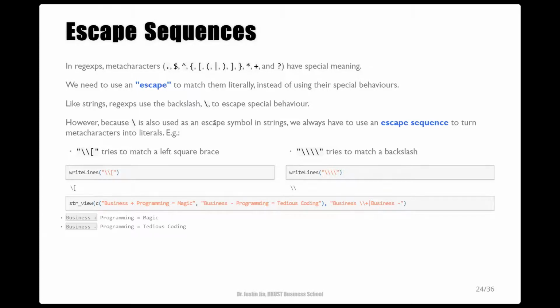When we use strings to represent regular expressions, we need a double backslash. So in this example, the first backslash escapes the special meaning of the second backslash in this string, so as to create a regular expression that matches the left square bracket exactly.